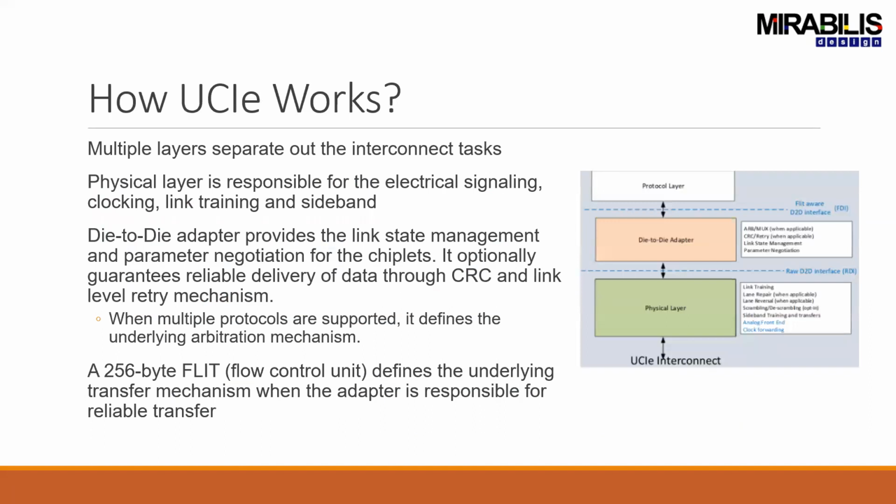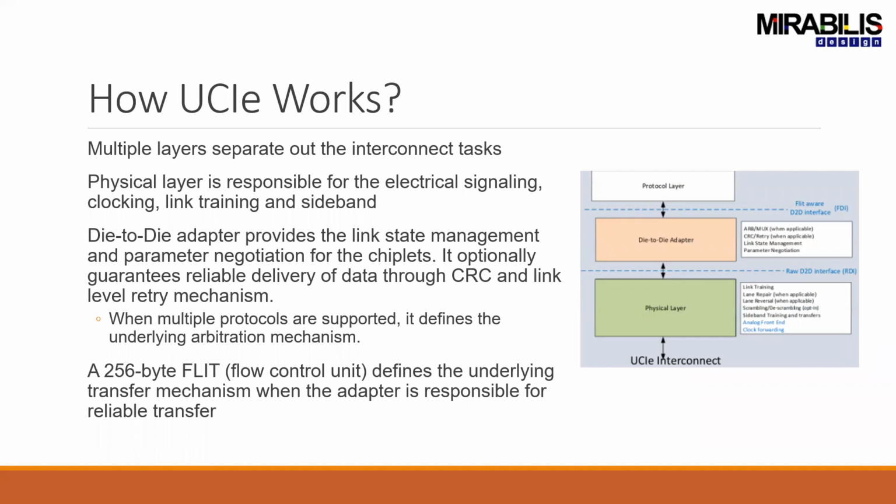Now, a quick introduction to how UCIe works. It's really a layered architecture where each layer has a very specific set of tasks. For example, the physical layer handles all the signaling and clocking and the training, and manages the sideband. The die-to-die adapter handles things like reliable delivery, the retry mechanisms, and the negotiations. And of course, going up to the protocol stack, which handles all the data communication protocols, it really becomes a FLIT, very similar to PCIe.